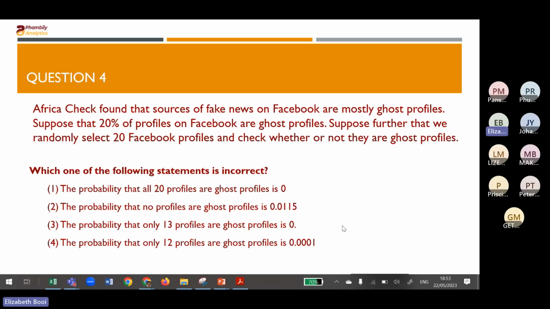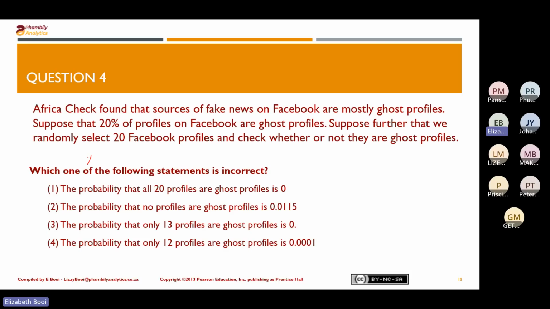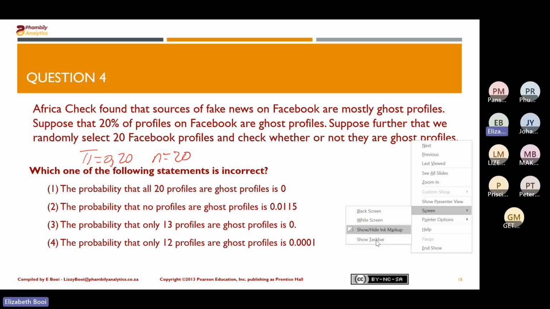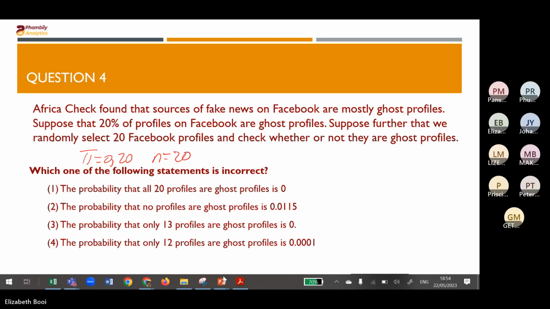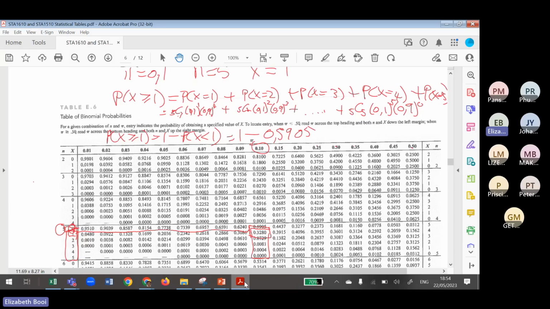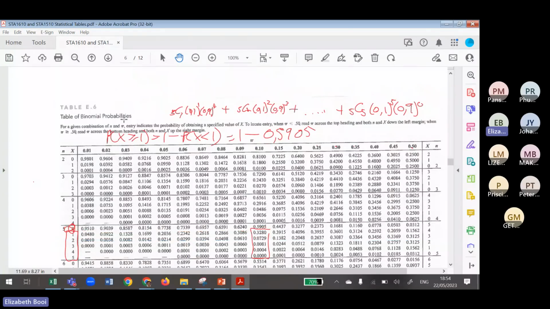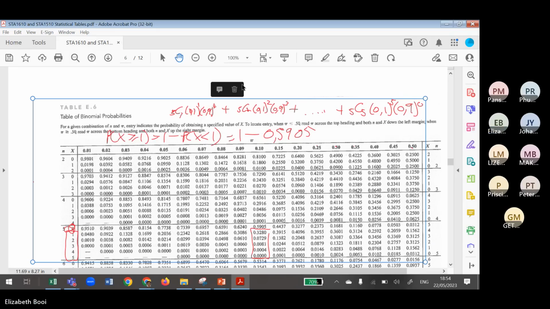We know that our probability is 0.20 and our n is 20. Going to the table, I don't know why it keeps bombing out on me. Probably I need to bring the table up again.